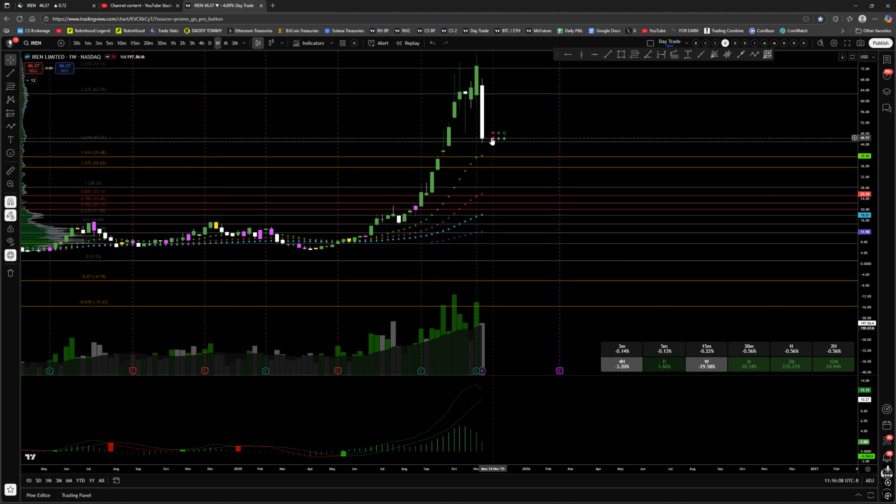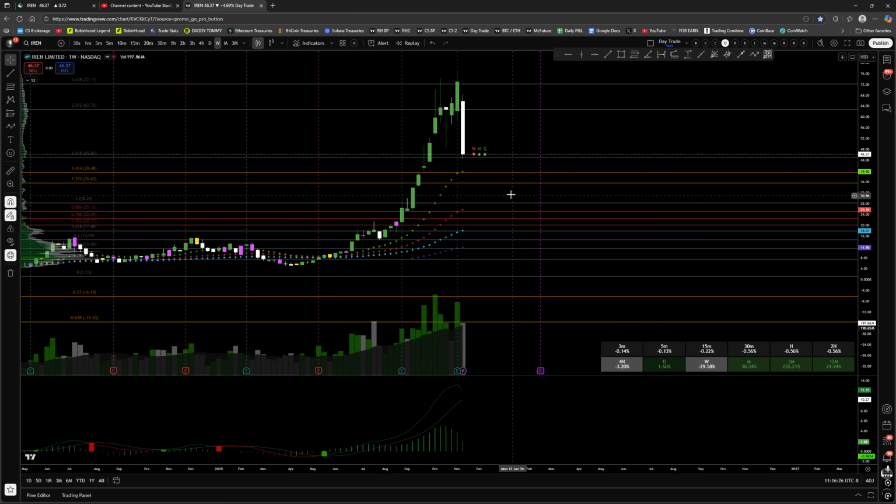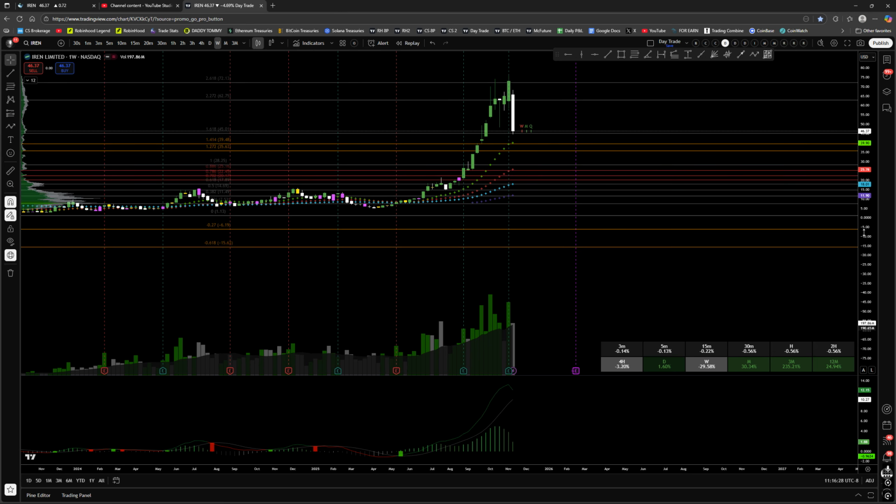So again, I think it's healthy. I think we'll have to wait and see this week on what happens with the price action, but I'm really waiting until after 11/21, so the end of next week, to see what happens when that short pressure comes off. But again, still healthy price action.